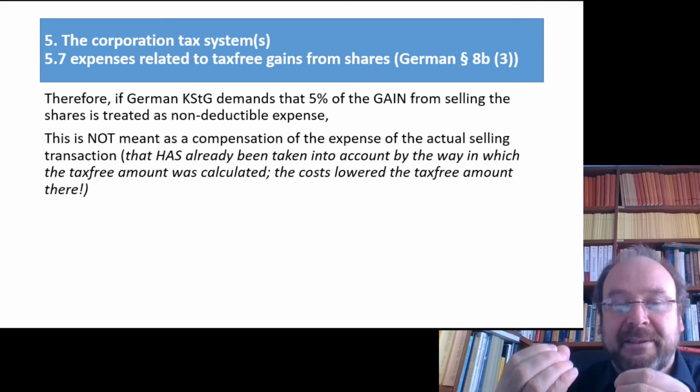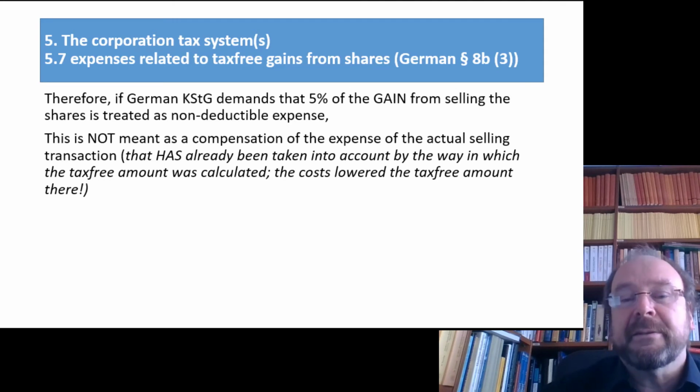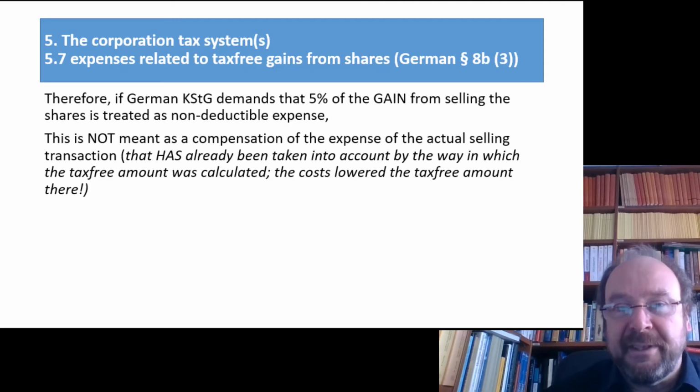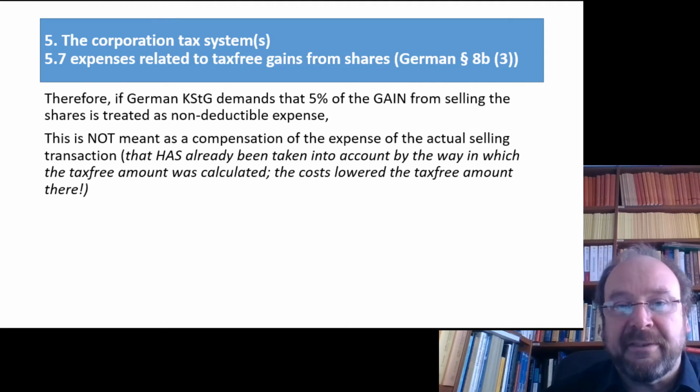So that doesn't compensate the expense correlating to the actual selling transaction. This is a delayed compensation for the current expense of former years. So it compensates all these 5% lump sums which have not become relevant during the time when you held the participation.